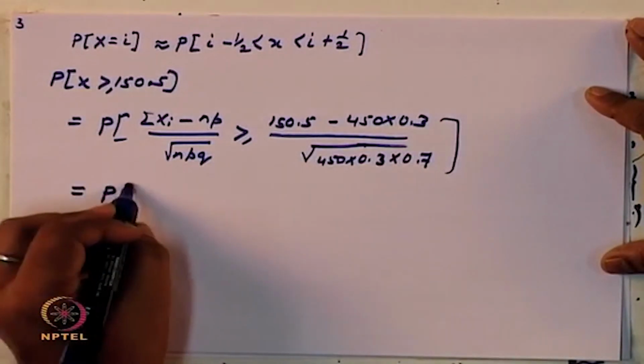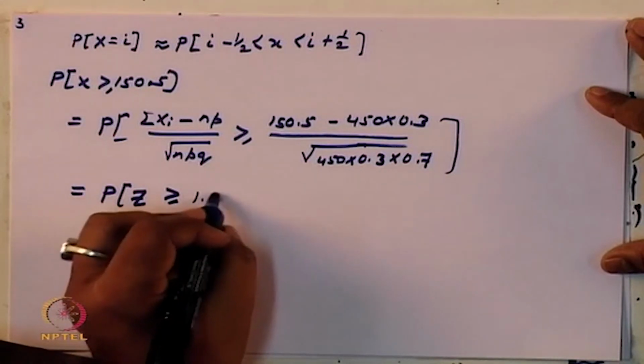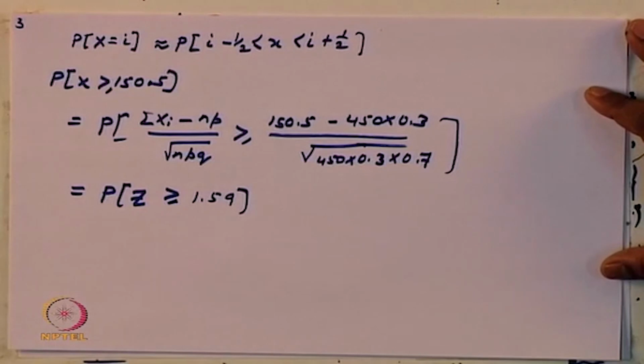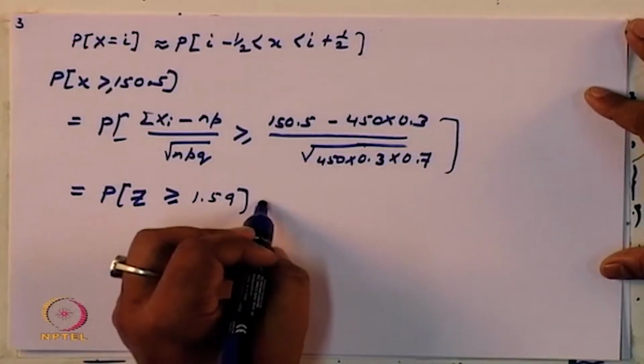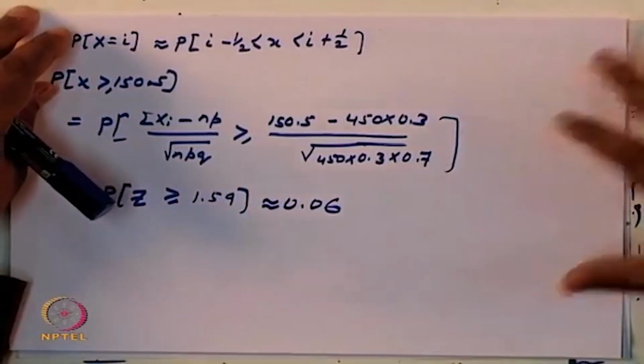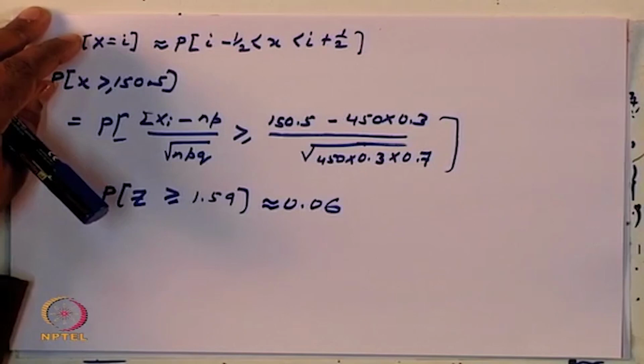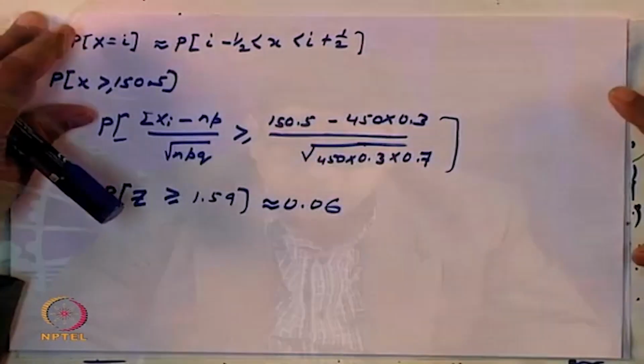So, this is the probability of z greater than or equal to 1.59, and this turns out to be roughly 0.06. So, there is still a 6% chance that more than 150 students will join. This shows you how you can make use of the binomial random variable and the central limit theorem to answer these kinds of questions.